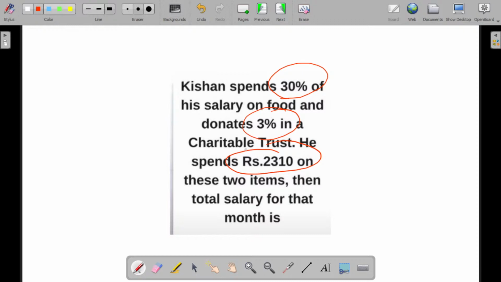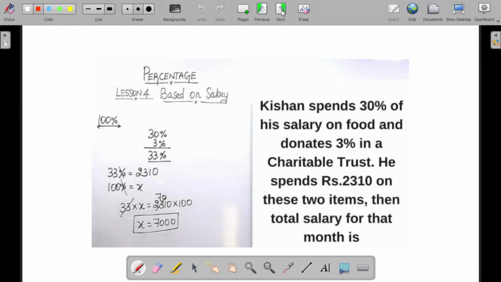Okay, 7,000. Great. Okay. So the base value is 100%. In that, 30% of his salary on food, 3% on charitable trust, total 33%.